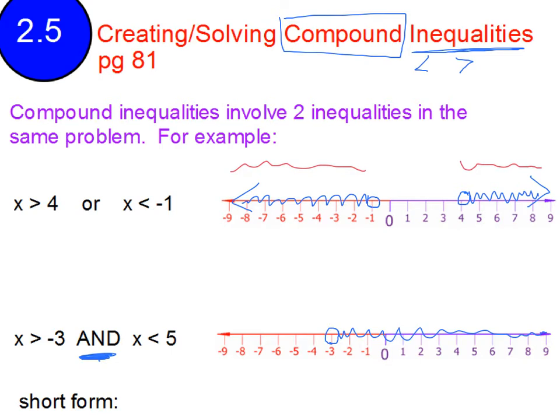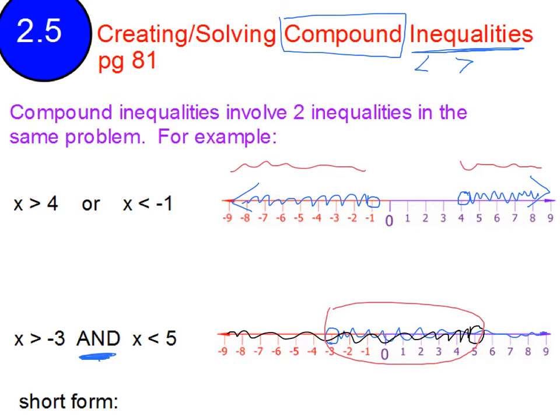So that's an open circle at 5, and all of the x's that are smaller than that, so that's this direction. Well, the only place that it works for both of them, because it's an and, it has to be greater than -3 and less than 5, is everything in this range right here. That's where it gets double shaded. I got it shaded both directions.